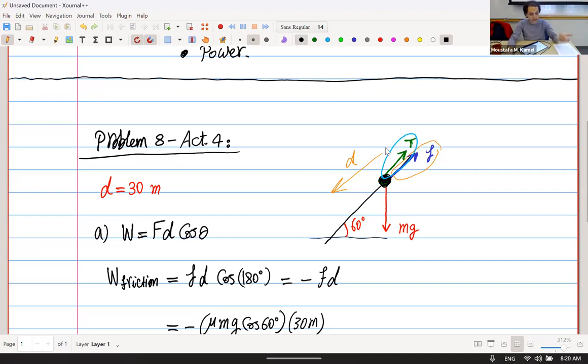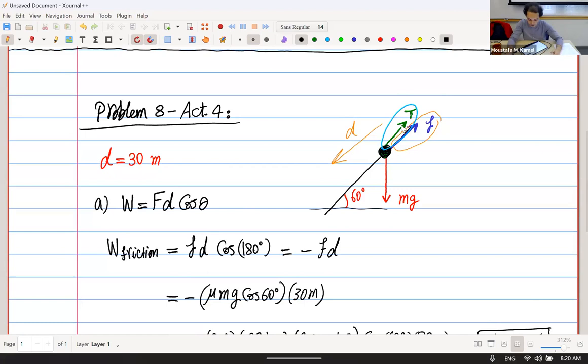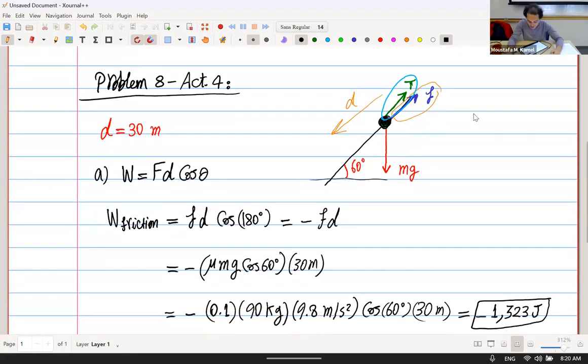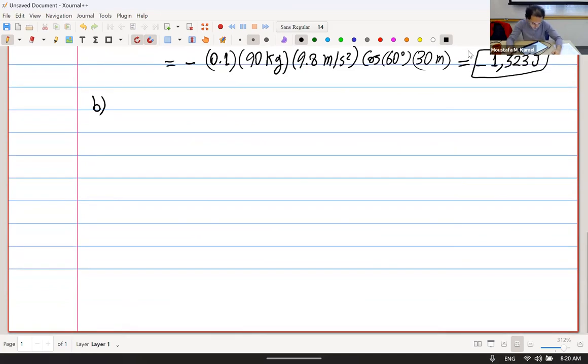So to get the work done by tension, we need to get the tension first. We need to get the force of tension. And we cannot do that until we decompose the force of gravity into components. Okay. So we will do what we learned yesterday. We will decompose our forces along the ramp and perpendicular to the ramp.